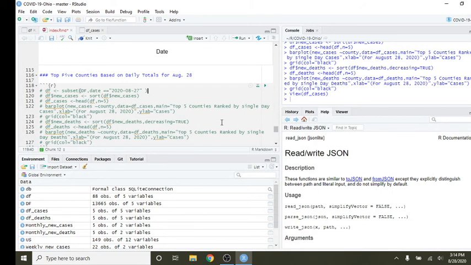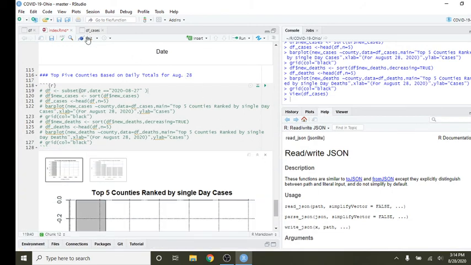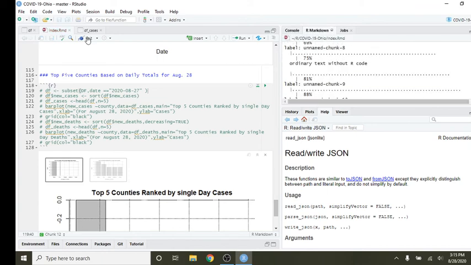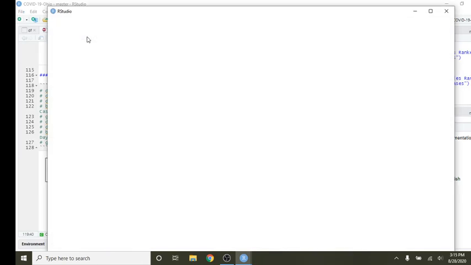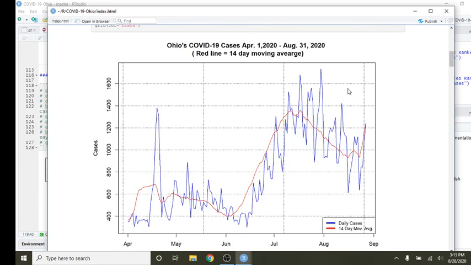All right, so we're going to drop that for the time being and run our knit program. A nice decline here, but a spike here, it looks like.